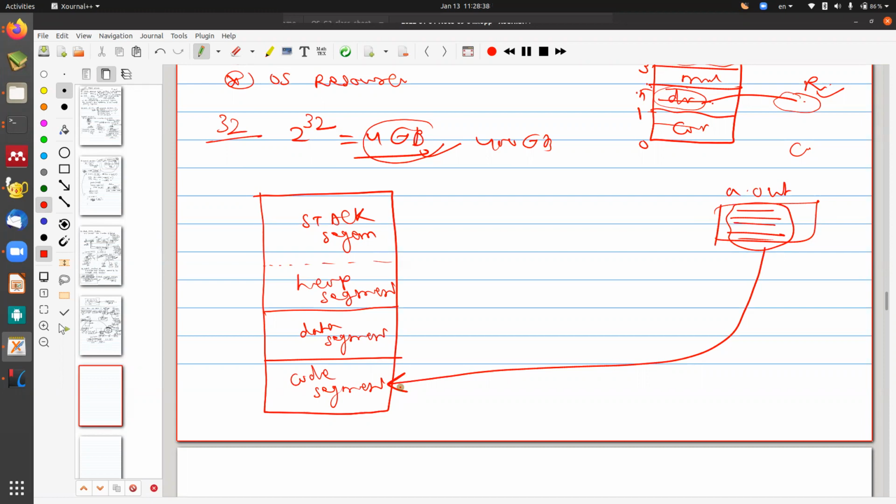During the program execution, can the number of instructions present inside the code change, or is it fixed? Fixed. Yes, the code segment will be a fixed size.